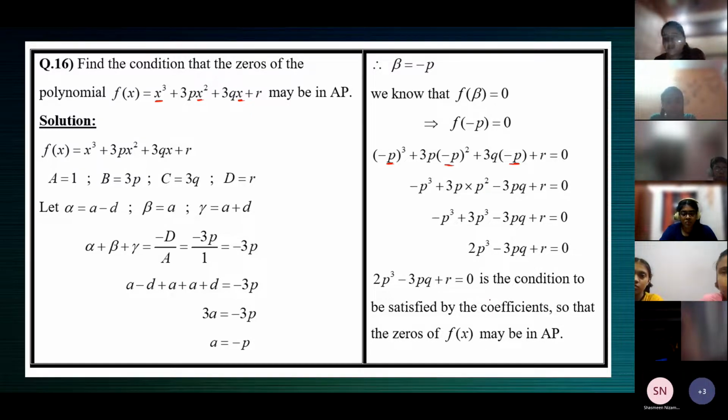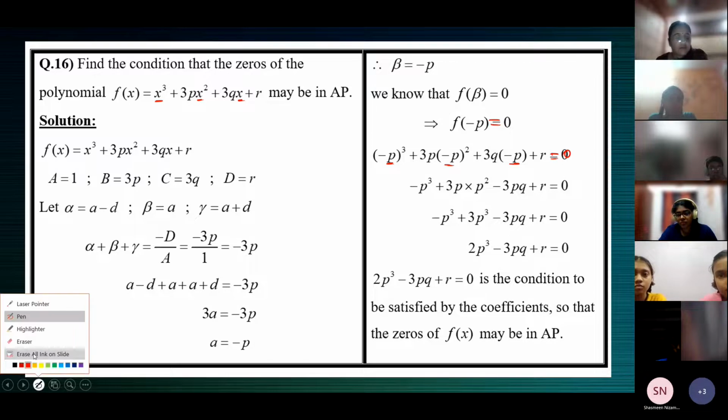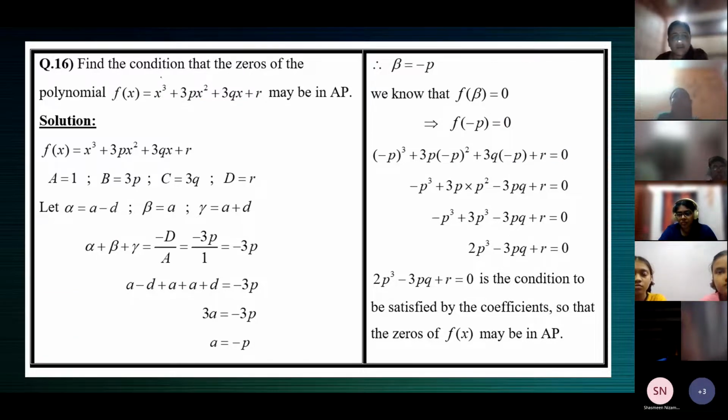Do we all understand that? Let me make it clear in case you don't. See here, x cubed becomes minus p cubed, plus 3p into x squared, meaning minus p the whole squared, plus 3q into x, meaning minus p, plus r.